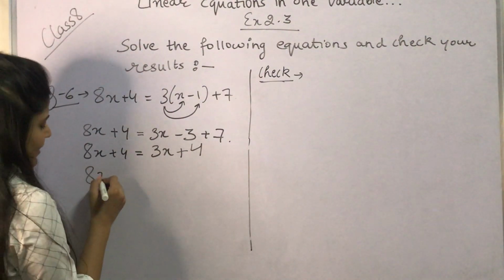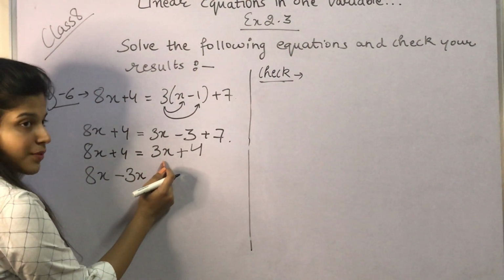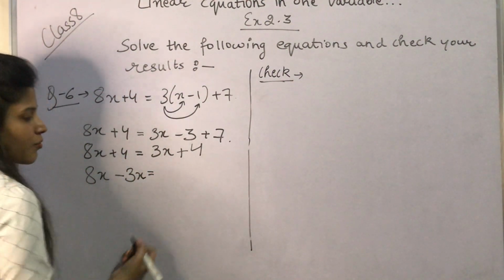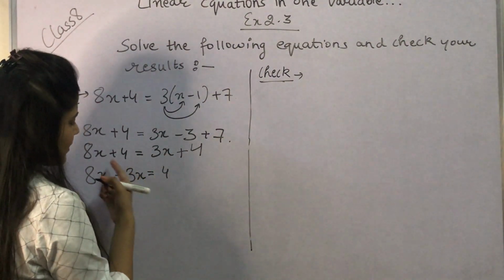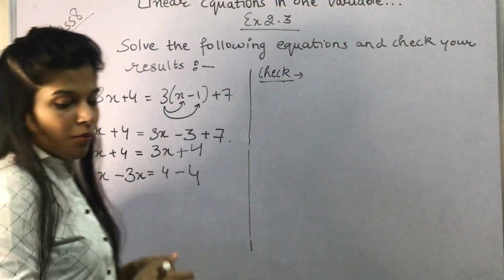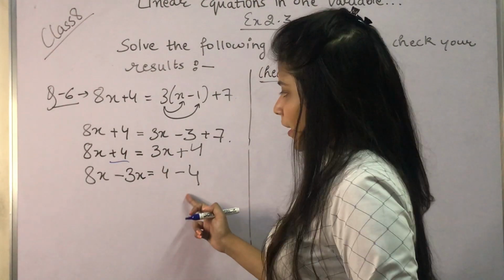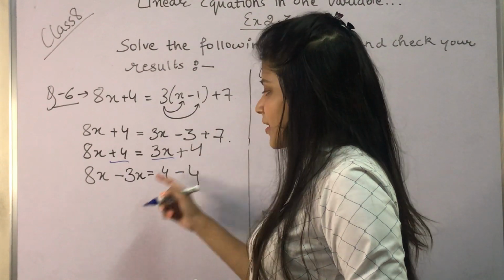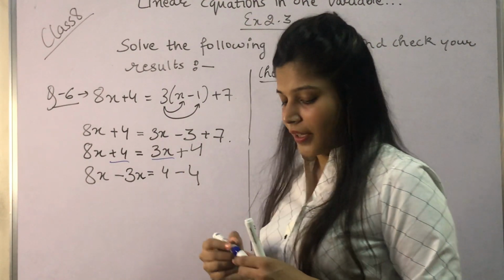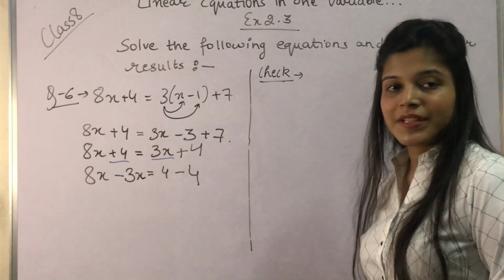So 8x as it is minus 3x, why? Because here 3x was positive, equals to as it is 4 as it is minus 4, why? Because here 4 was positive, so it became negative, and here 3x was positive so it became negative. Okay, now till here the concept is clear.